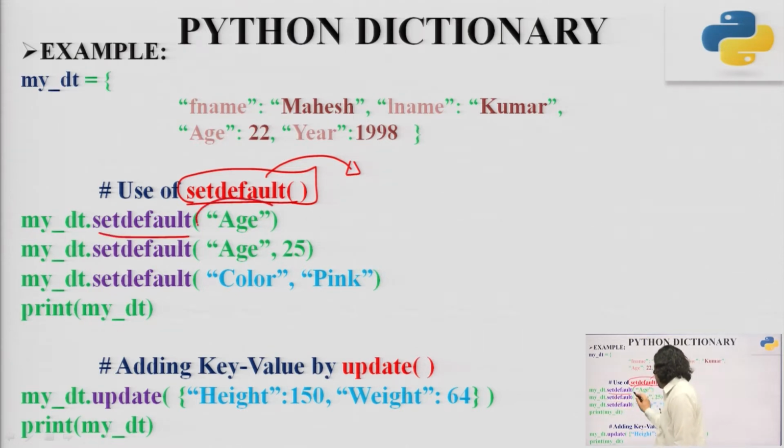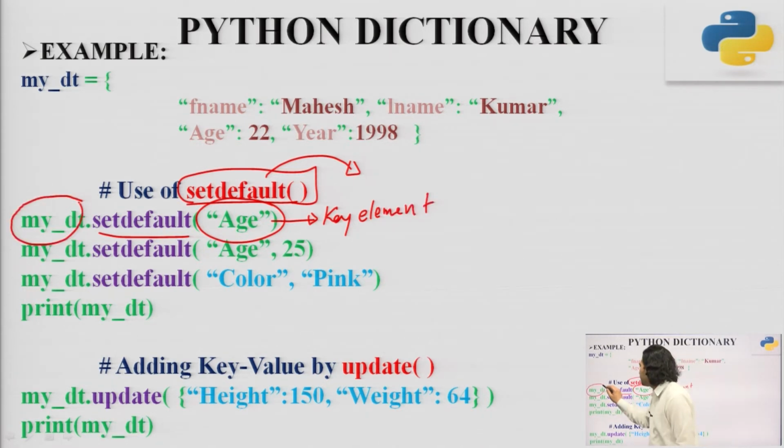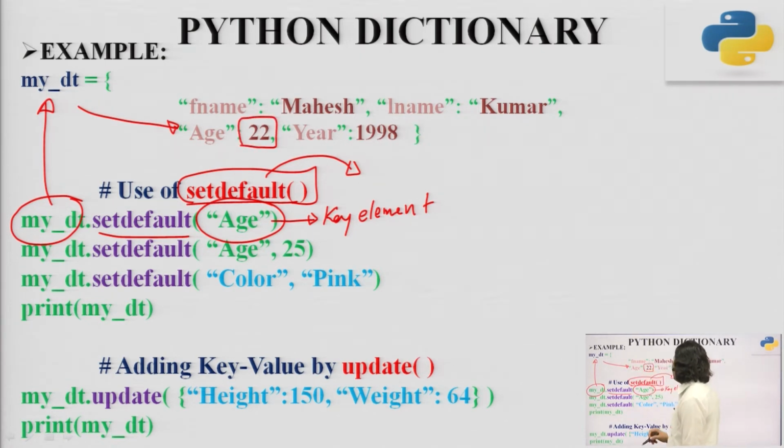Here you can see that age is the key element, and it is already present in my dt, with a specific value of 22.